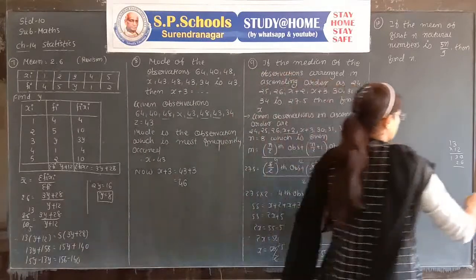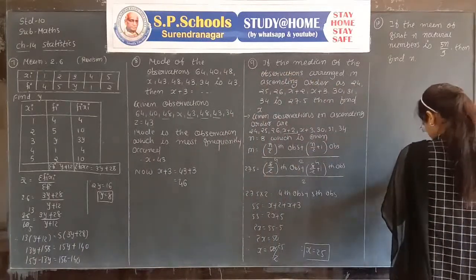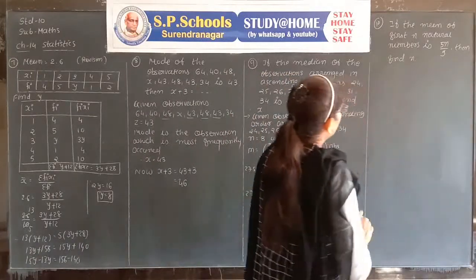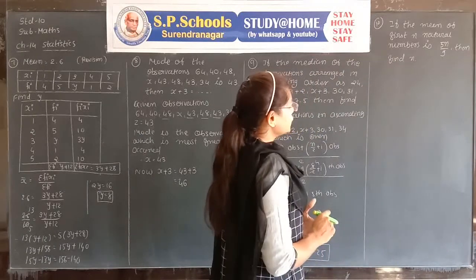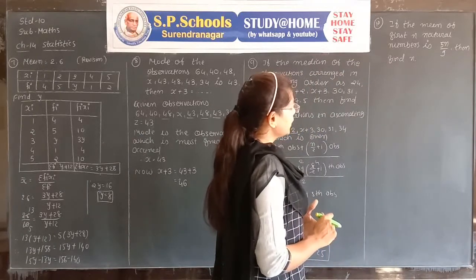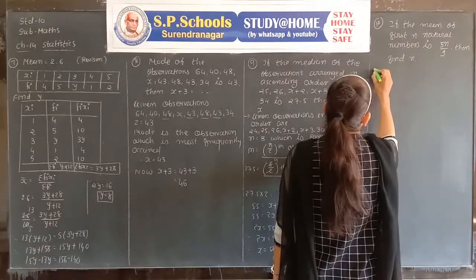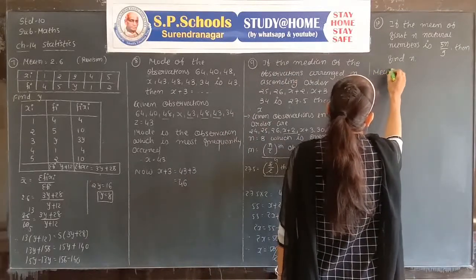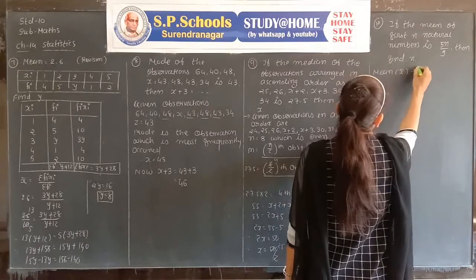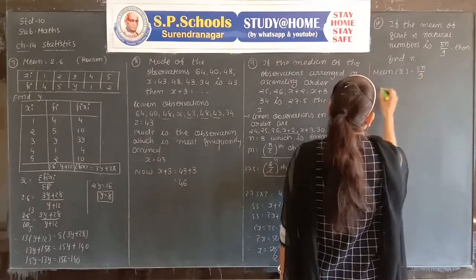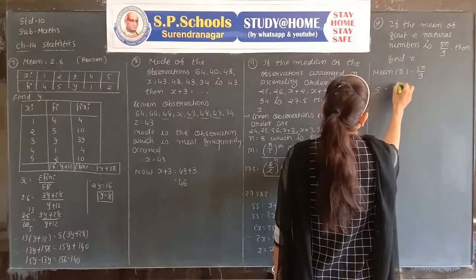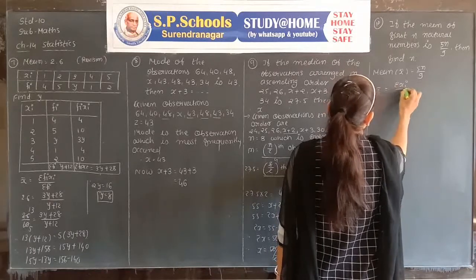Now the last, 10th number. If the mean of the first n natural numbers is 5n upon 9, then find n. Mean is given, mean x bar is equal to 5n upon 9. X bar is equal to sigma xi upon n.